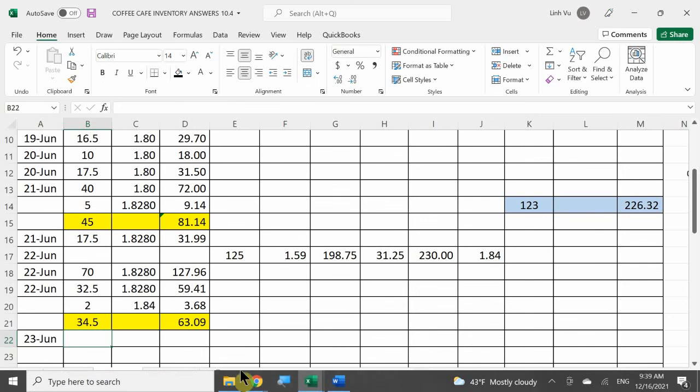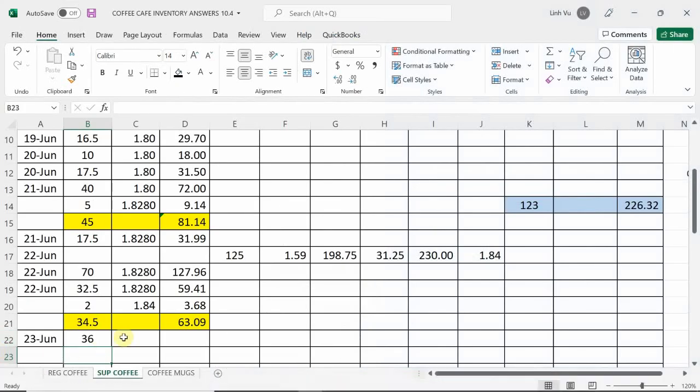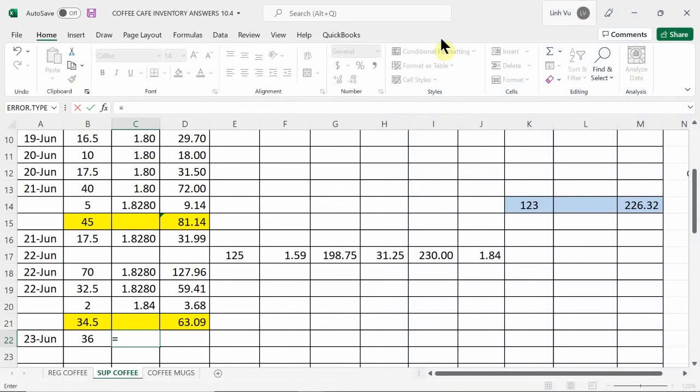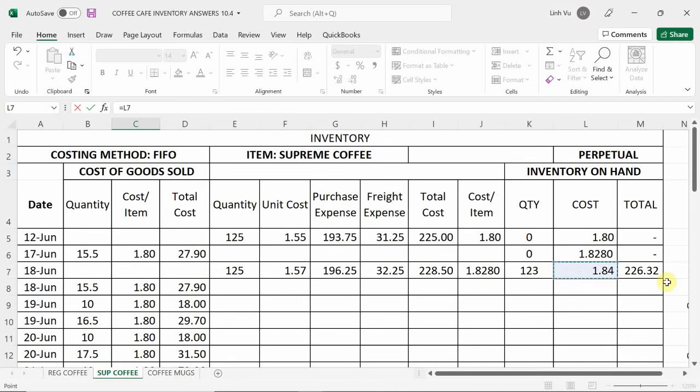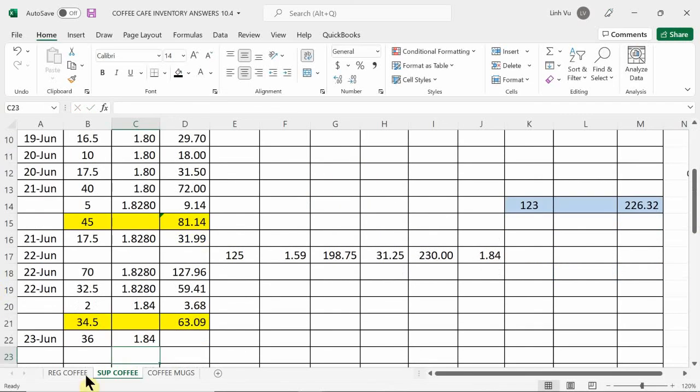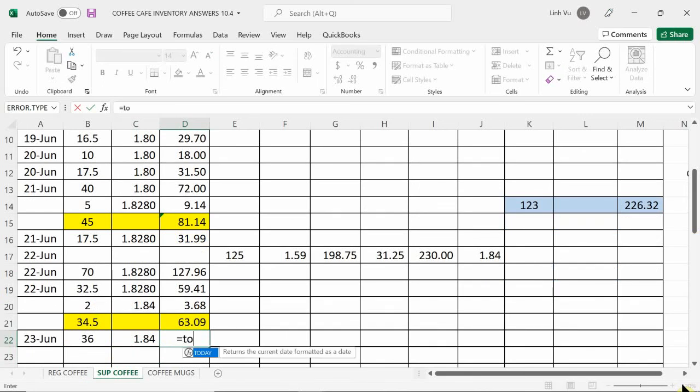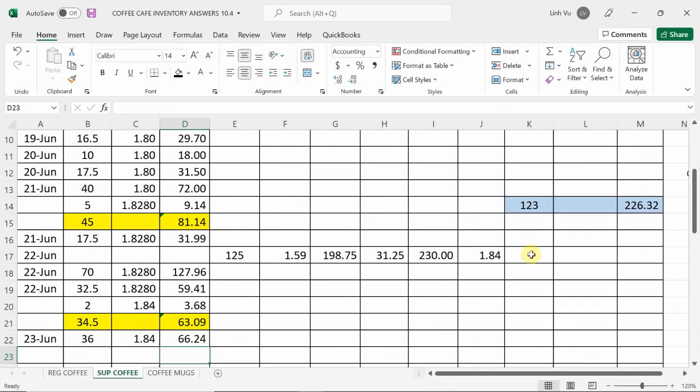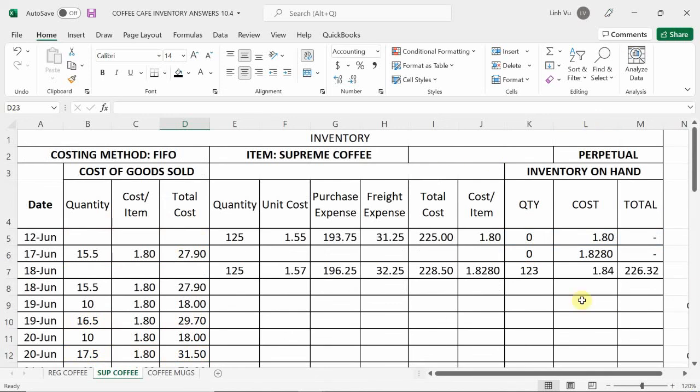We used 36 pounds of the Supreme, right? We only have one batch left, so it's going to be at $1.84. So then, what is your total cost of goods sold here? 66.24. I'm going to subtract 36, leaving you with 108.56.